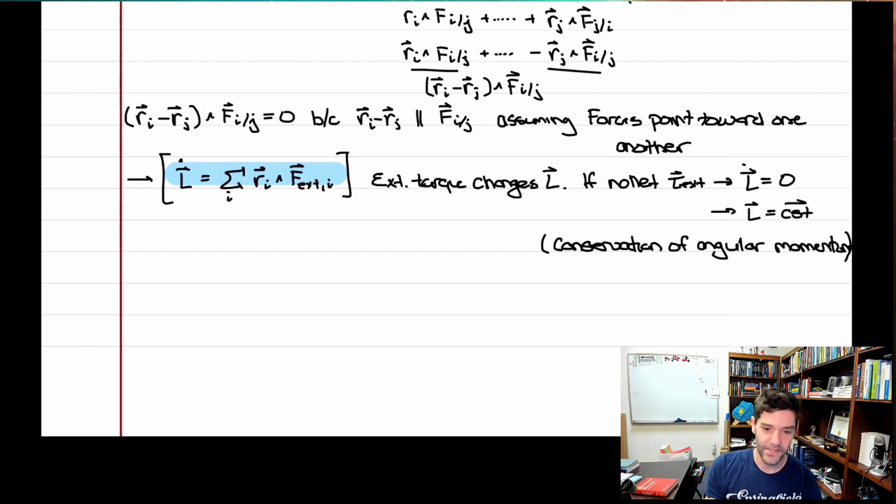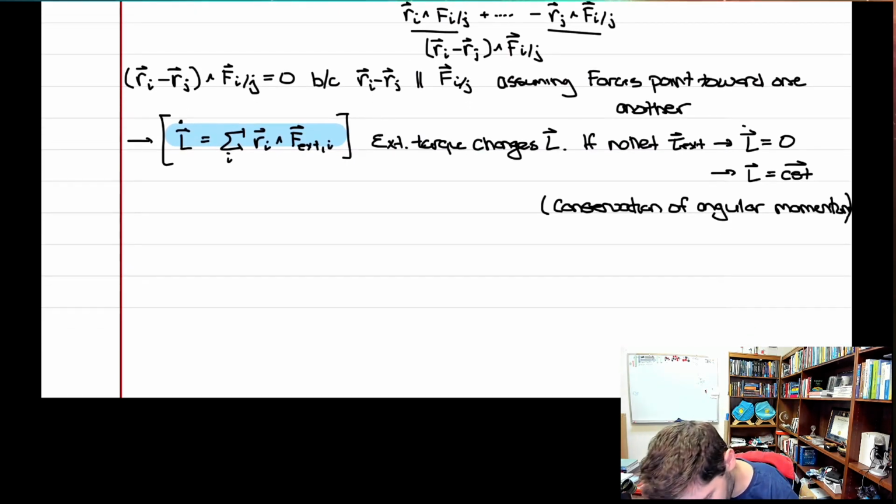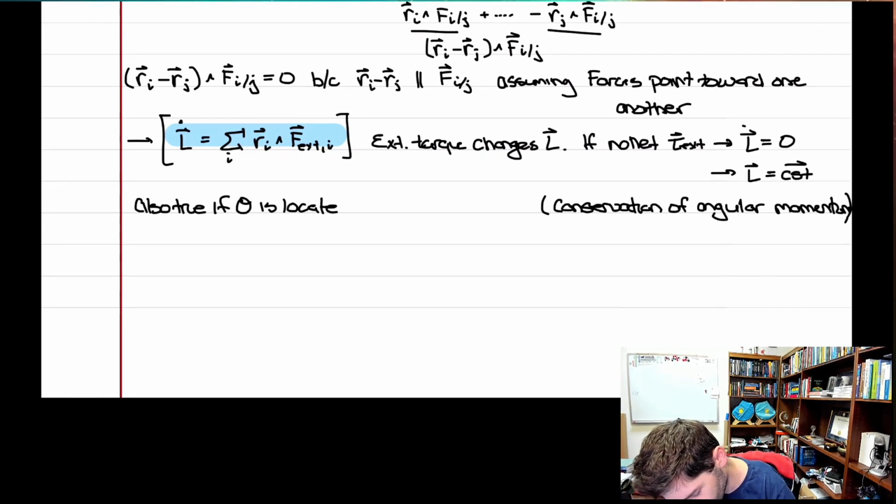Turns out everything I just said also works in another common situation, where the origin is moving but is placed at the system's center of mass. Also true if the origin is located at the system center of mass.